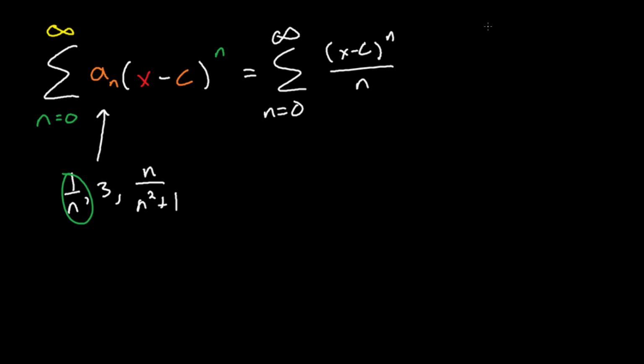All right. Now, here's the thing about c. c is equal to the center of your power series, where your power series is centered at, more specifically. So let's say that c is equal to 2 in this case, you have x minus 2, then your power series is centered at 2. If you had positive 2, x plus 2, then your power series would be centered at negative 2.